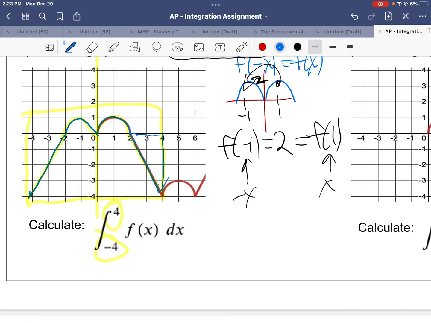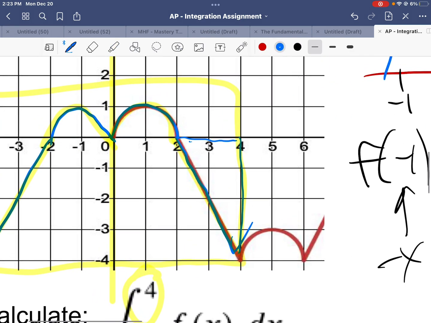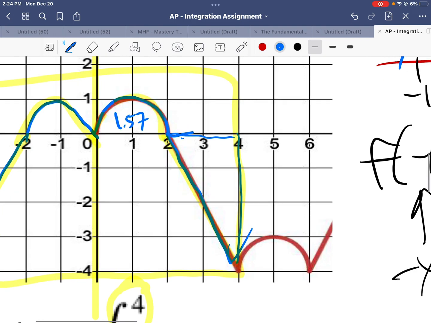Well, we already knew that this area here is 1.57. And we know this area here to be 2 times 4 is 8, divided by 2 is -4.